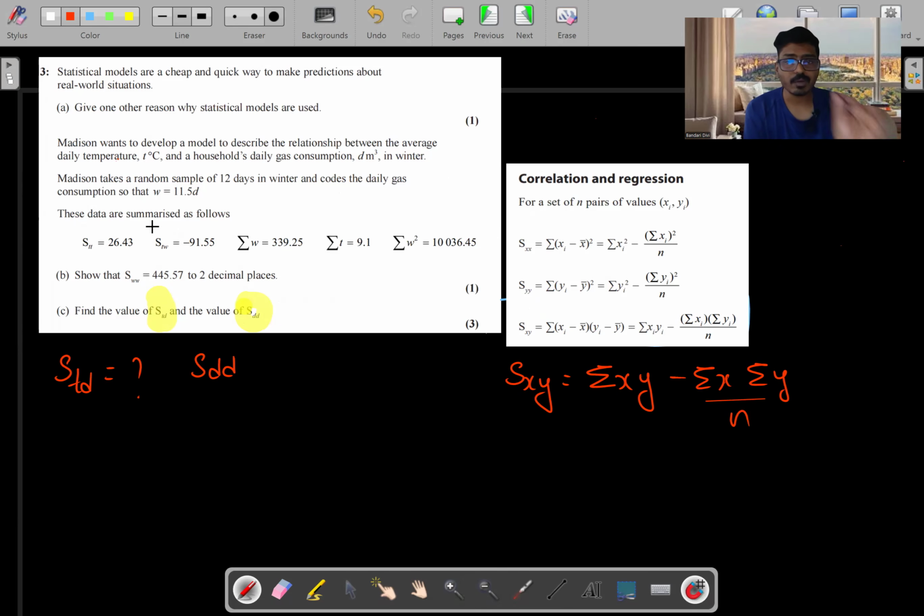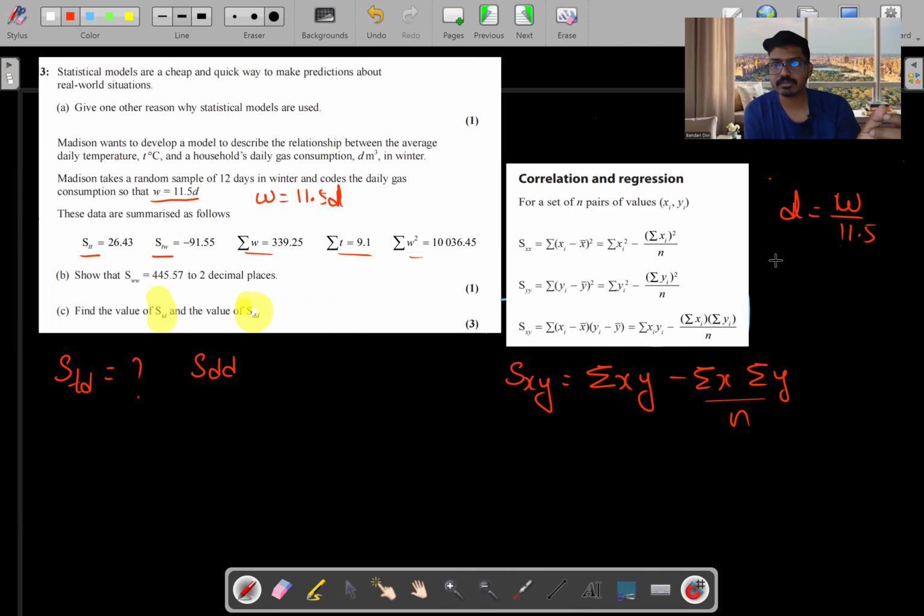Similarly, I don't have a direct relation for STD here. If you look at this question, I don't have any relation for S and T directly, but I have another relation which is about W and D. We can see W is equal to 11.5 D. From this we can say that D is equivalent to W upon 11.5.